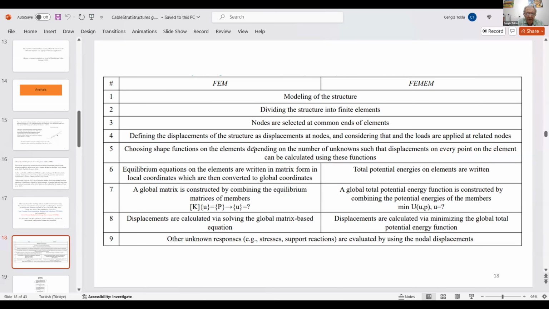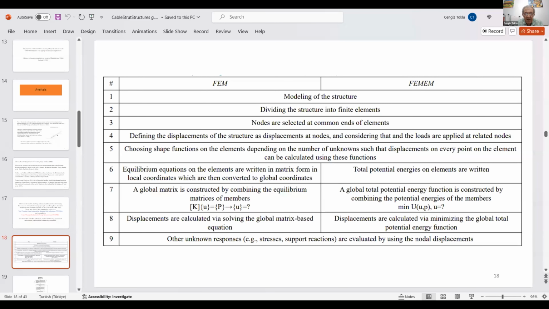Then we find shape functions such that if we know the end node deflections of a finite element, we can calculate the complete shape function.